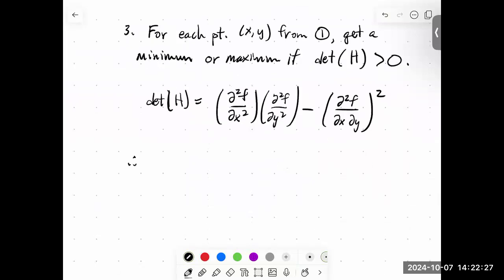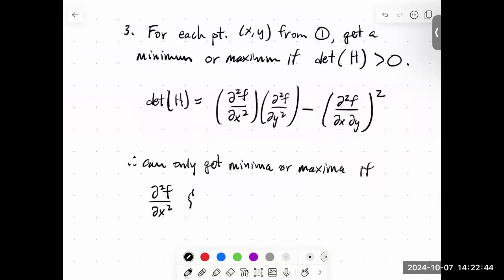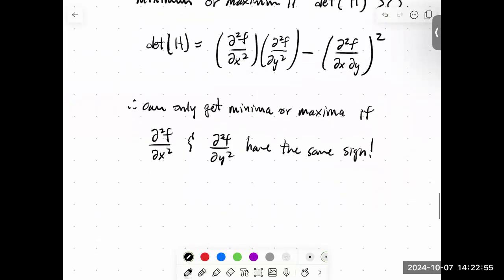So therefore, we can only get minima or maxima if d2f dx2 and d2f dy2 have the same sign. Okay, so that's an important point.